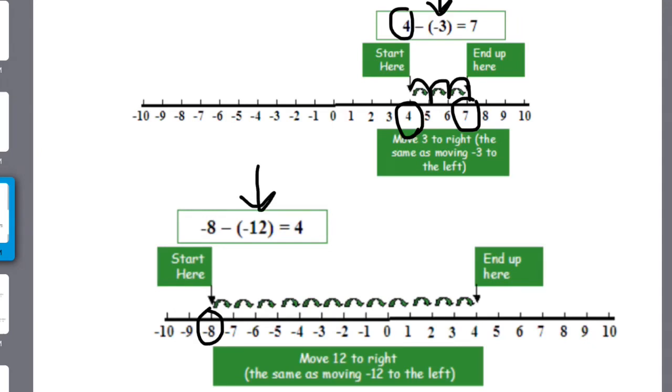Because the second number is negative that we are taking away, that means we are going to move to the right 12 places from negative 8. 1, 2, 3, 4, 5, 6, 7, 8, 9, 10, 11, 12. So negative 8 minus negative 12 equals 4. Pause the video now and copy both of these examples into your notes.